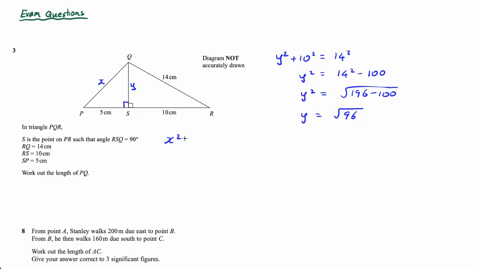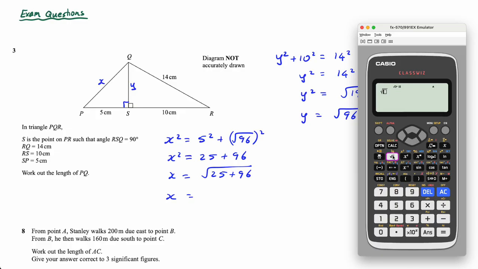I say x squared is equal to 5 squared plus the square root of 96 squared, which is obviously 96. So x squared is equal to 25 plus 96. x is equal to the square root of 25 plus 96. 25 plus 96 is 121, and the square root is 11.